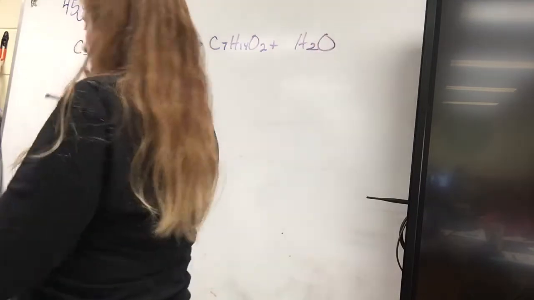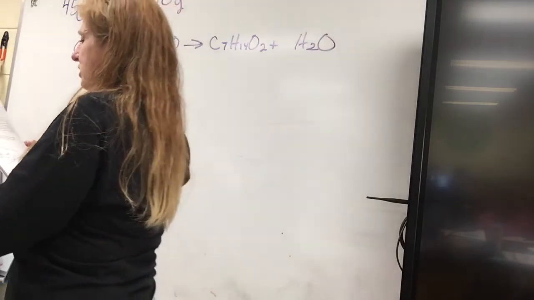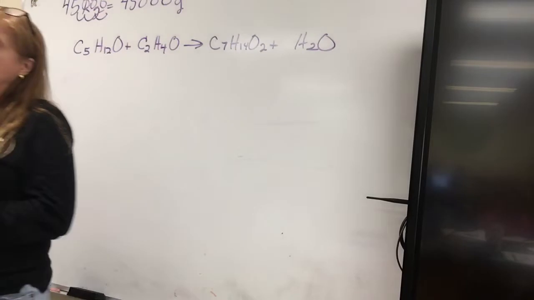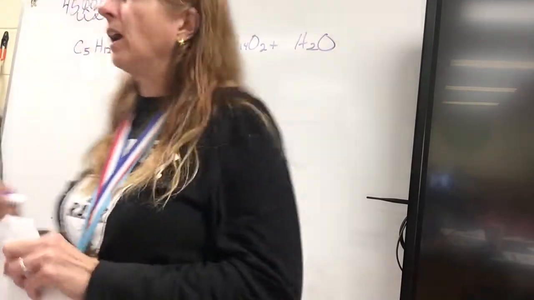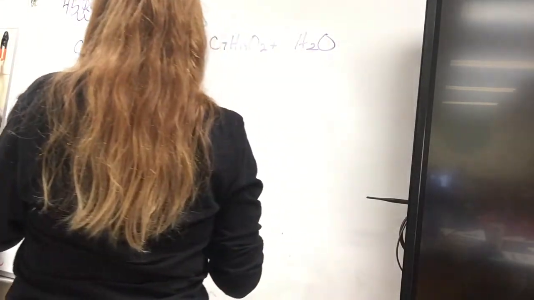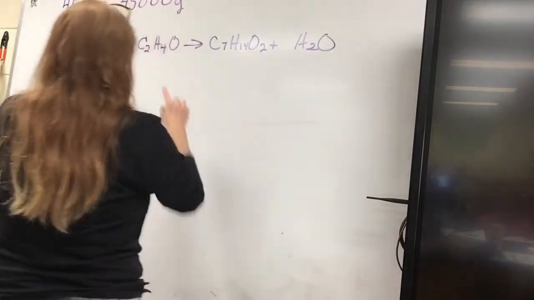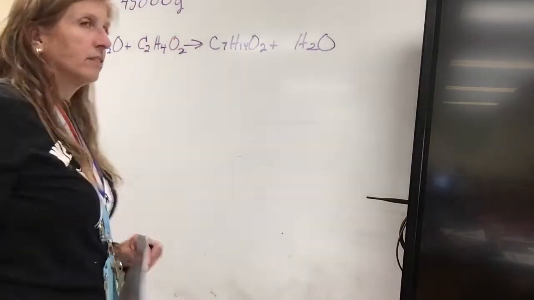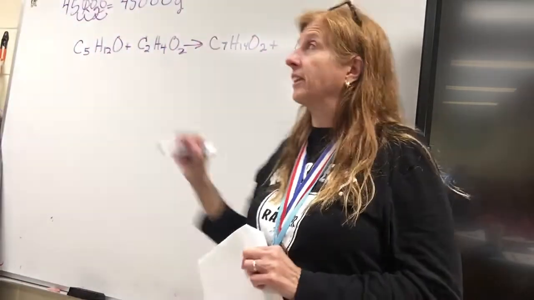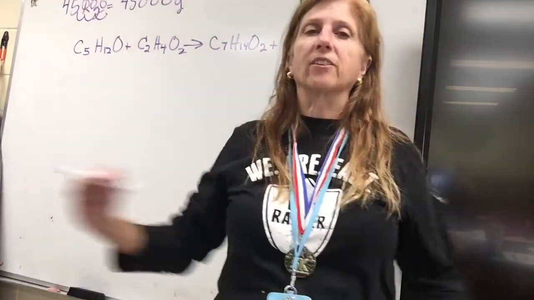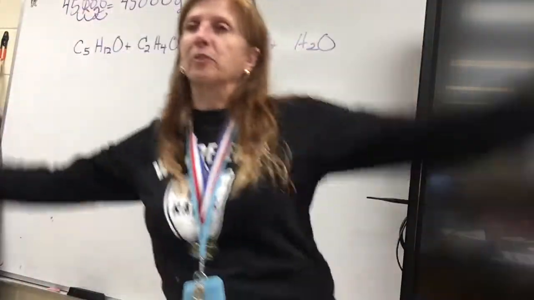All right, so step 1, write down your reaction. Step 2, yes, sir? Yep, thank you. The next part was going to be hard if I left it like that. What do we do next? Balance it. See, I was off balance.